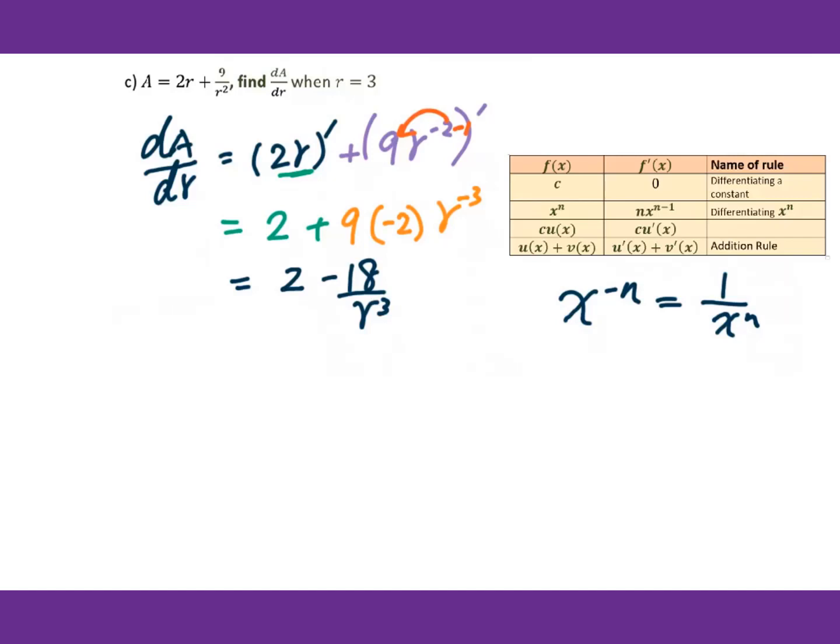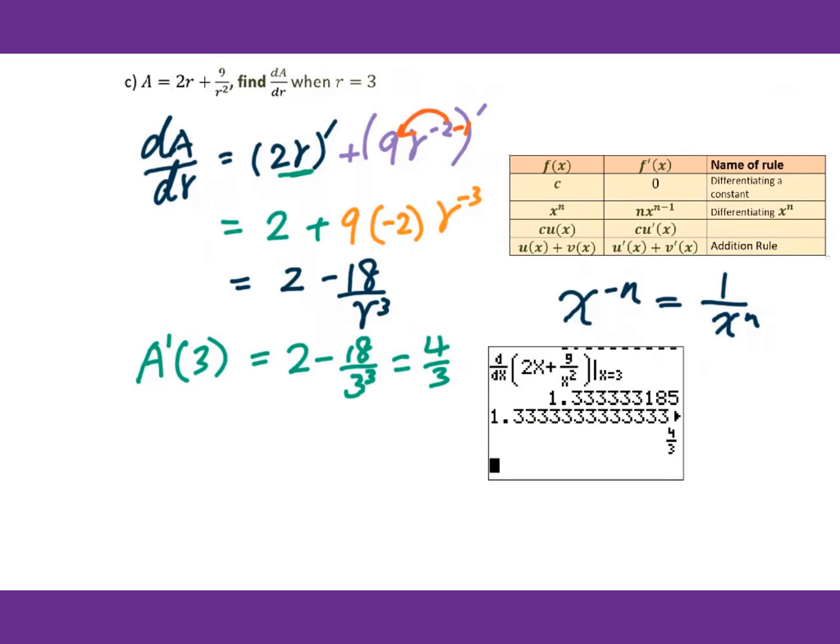So we plug in. A prime of 3 equals 2 minus 18 over 3 to the third power. We put it into the calculator, and you will get 4 over 3. So while you put it into the calculator, you will get 1.333, keep going, then it's 185.